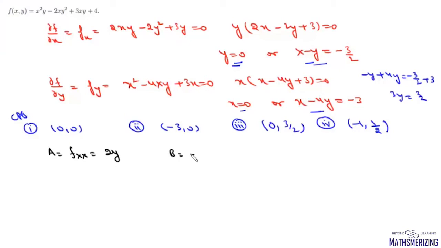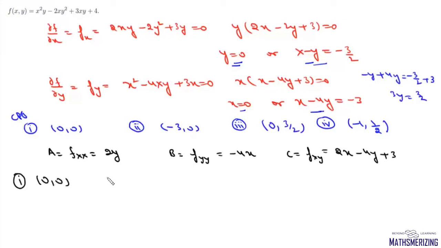We'll find b, which is fyy, and it'll be −4x, and we'll find its cross derivative c, which is either fxy or fyx. So we'll find fxy, it'll be 2x − 4y + 3.